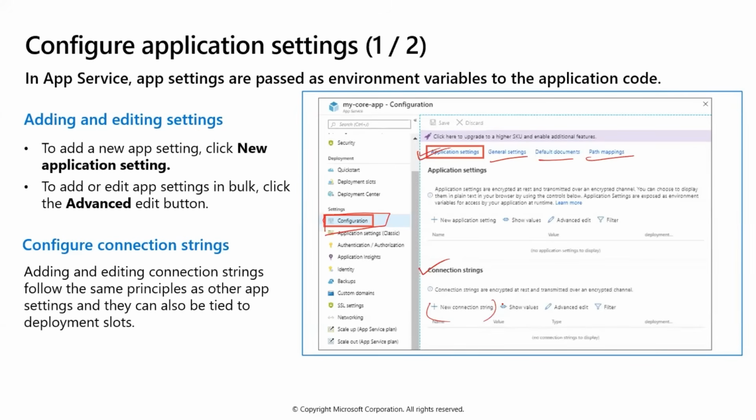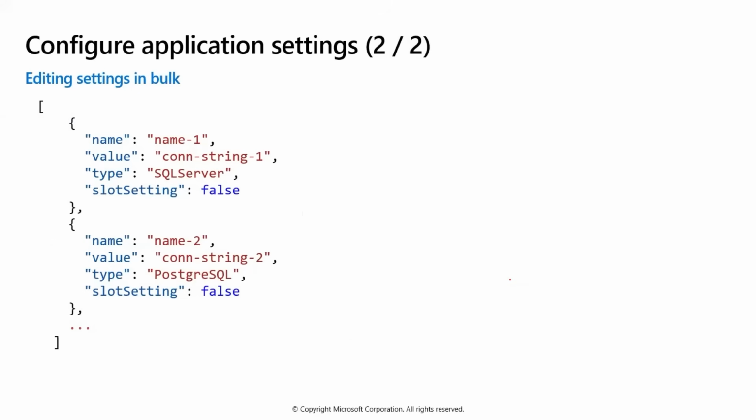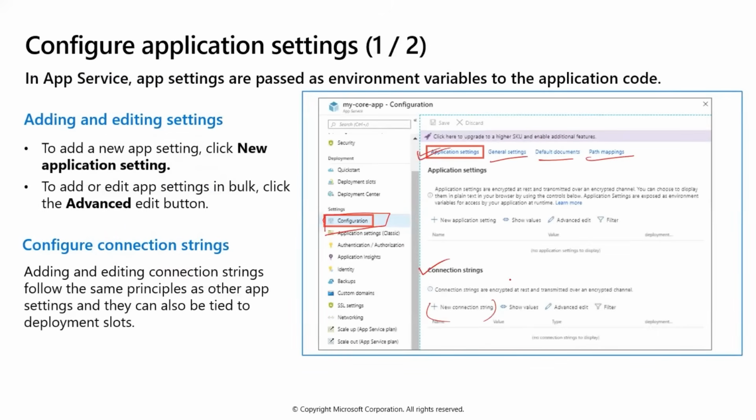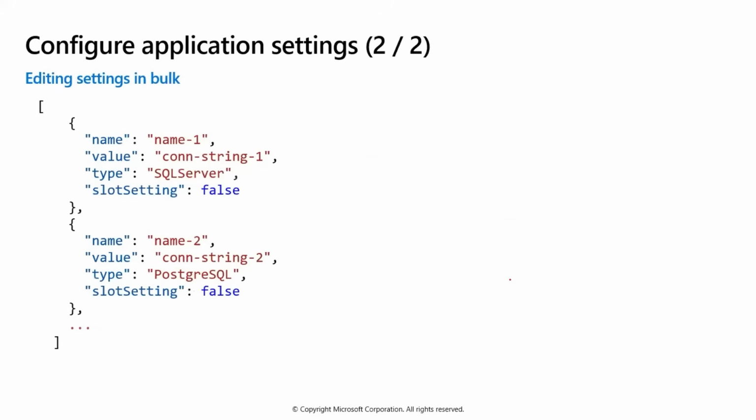Let's say for example you want to connect with Key Vault as a service. You can add a new connection to a Key Vault and then set it up. That is a manual way of doing it, but if you want to do it in bulk, you can write it in JSON format, upload it on the Microsoft Azure platform, and application settings will be adapted.